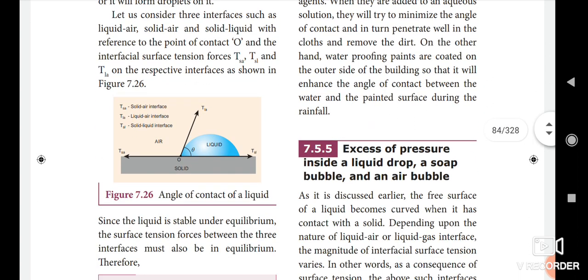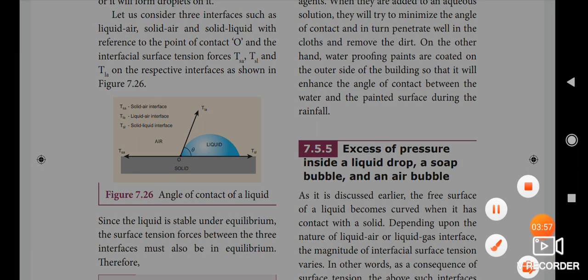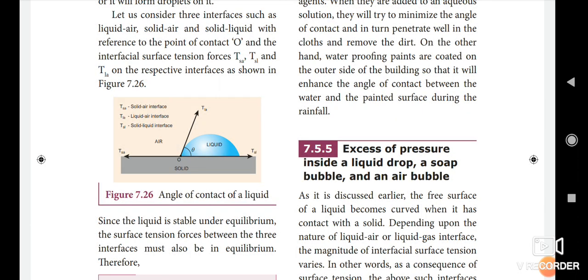Then see figure 7.26, the angle of contact of a liquid. Here we take one beaker with liquid inside, and it makes the angle theta.